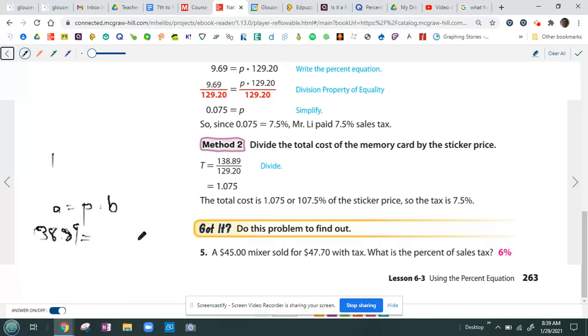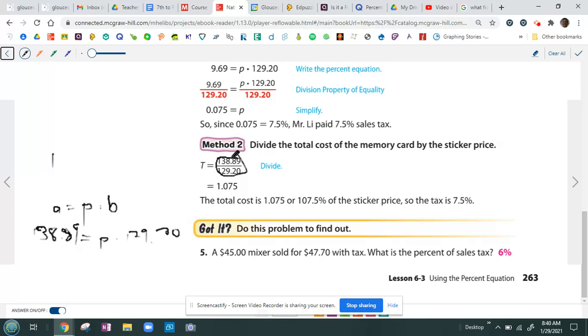That's the cost with the tax. And then we're trying to find the percent. And the cost without the tax was $129.20. Okay, and that's where that division comes from, right? We're trying to find this percent, so we divide by 129.20, and that's where this here comes into play.